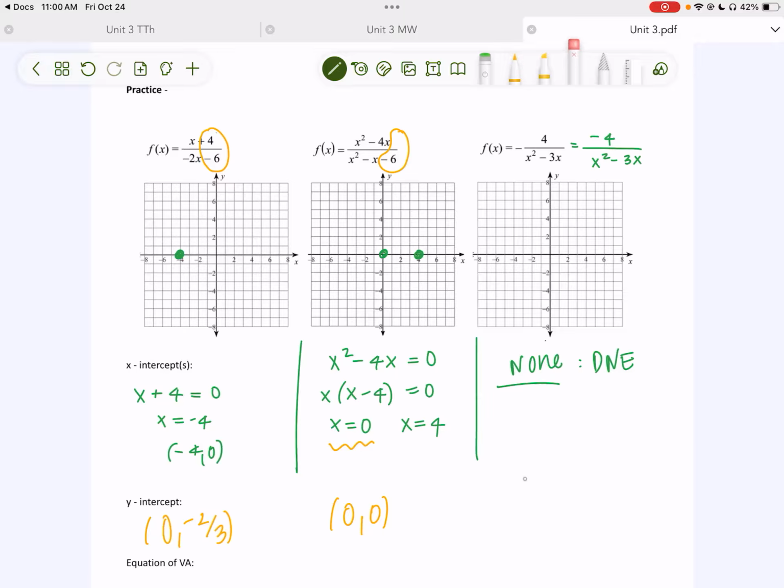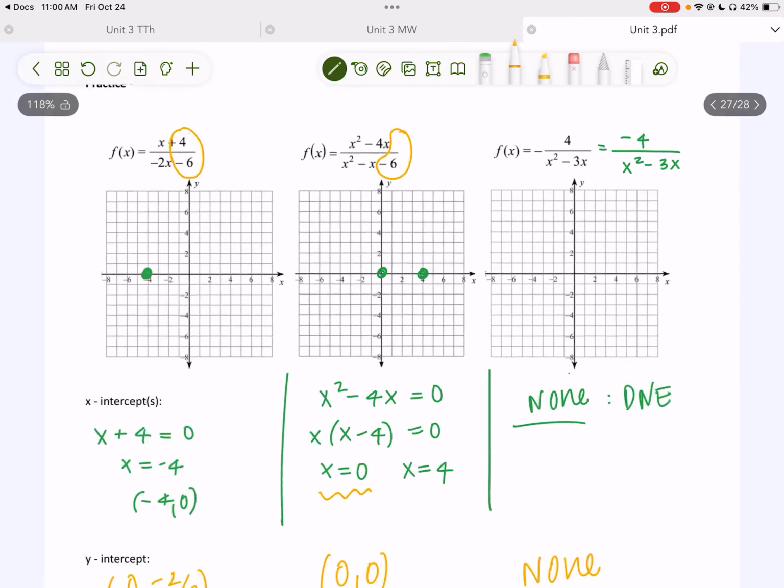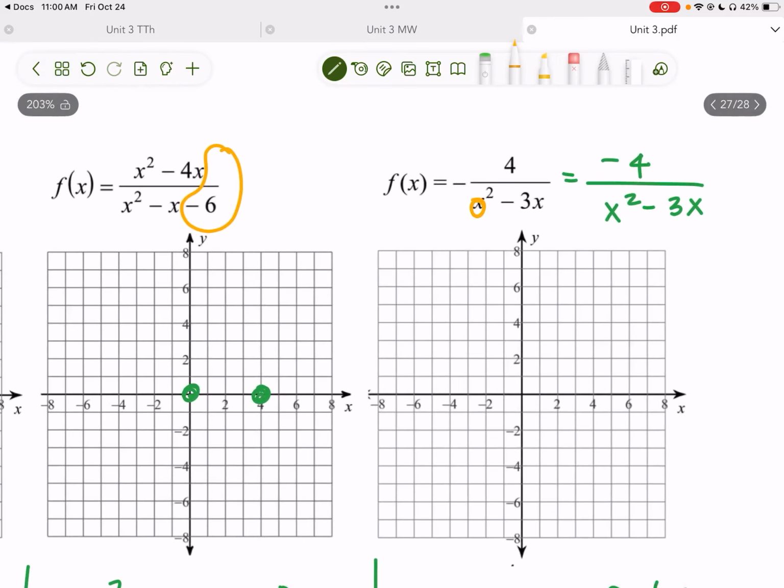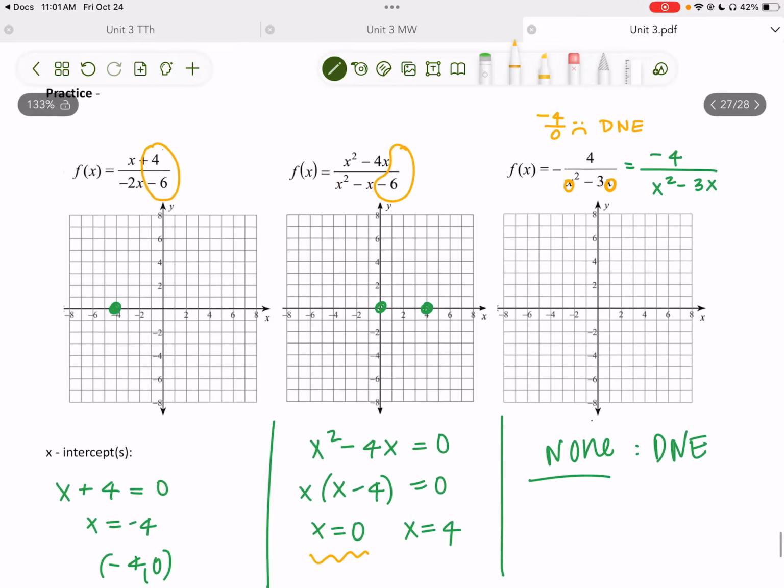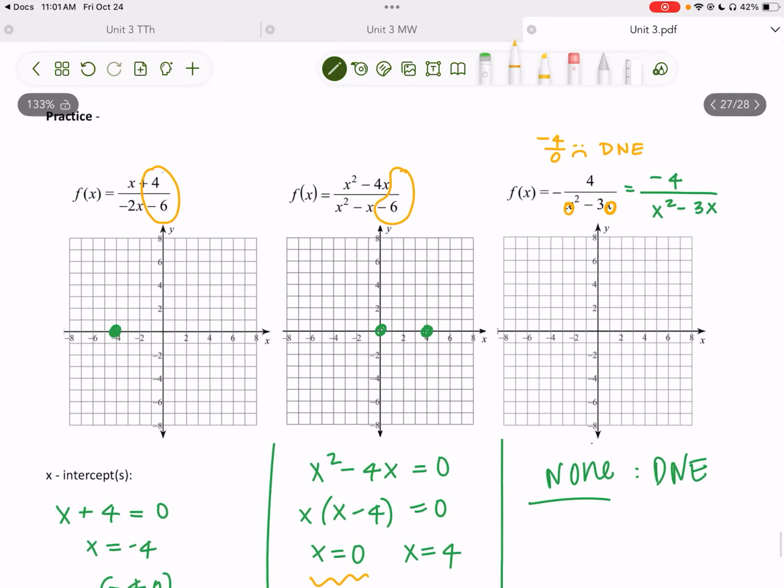Oops. Okay. So the reason this one is none, let me show you really quick, is if this is a 0 and this is a 0, you'd have -4 over 0. That cannot happen. So our y-intercept also does not exist. Okay. That makes this pretty tricky. So we're probably going to have to plug in some points to figure out what this is going to look like.